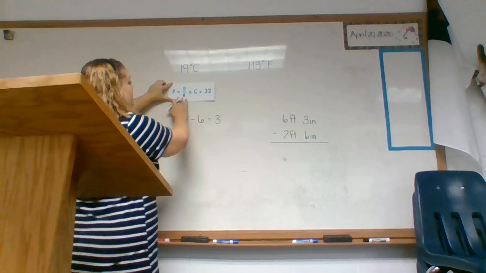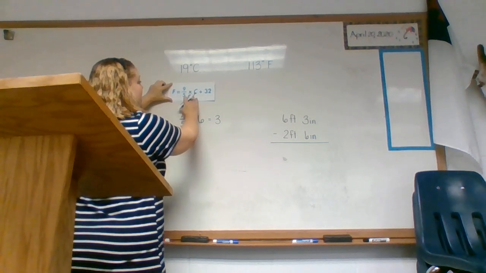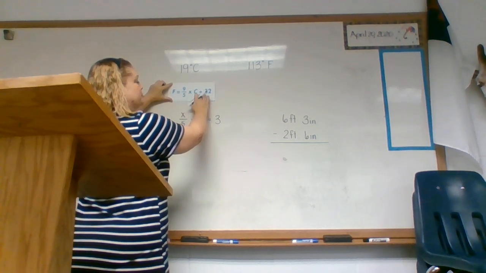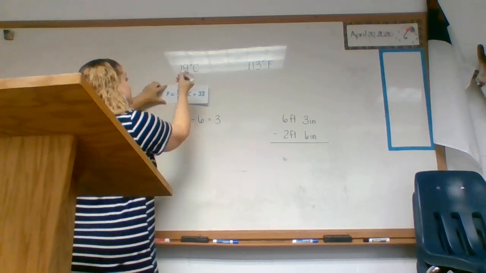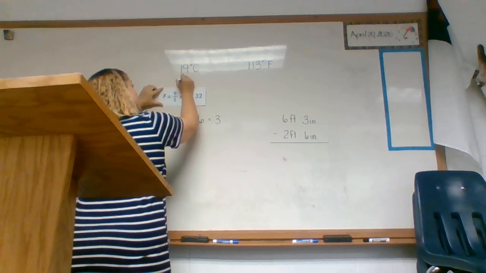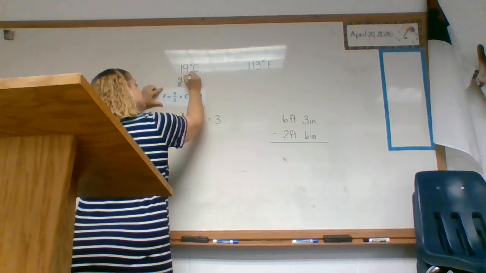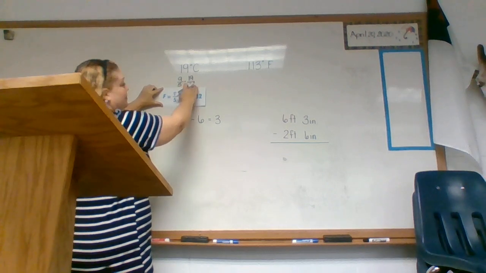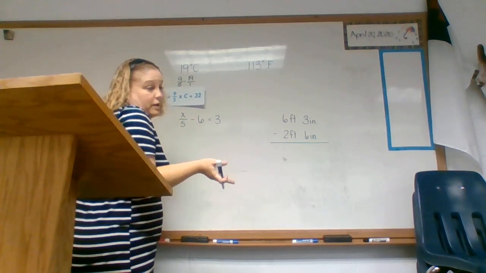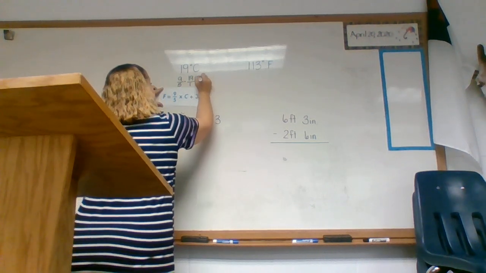We've got our formula: 9/5 times the Celsius temperature plus 32 is how we're going to get to Fahrenheit. So we're going to use that formula. 9/5 times our Celsius temperature, and I'm going to go ahead and convert it to a fraction over 1 because I know I'm going to need to do that.